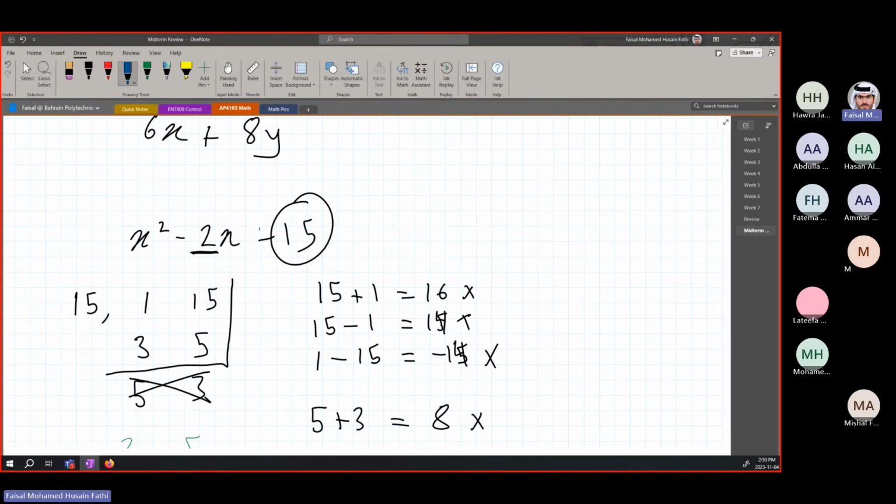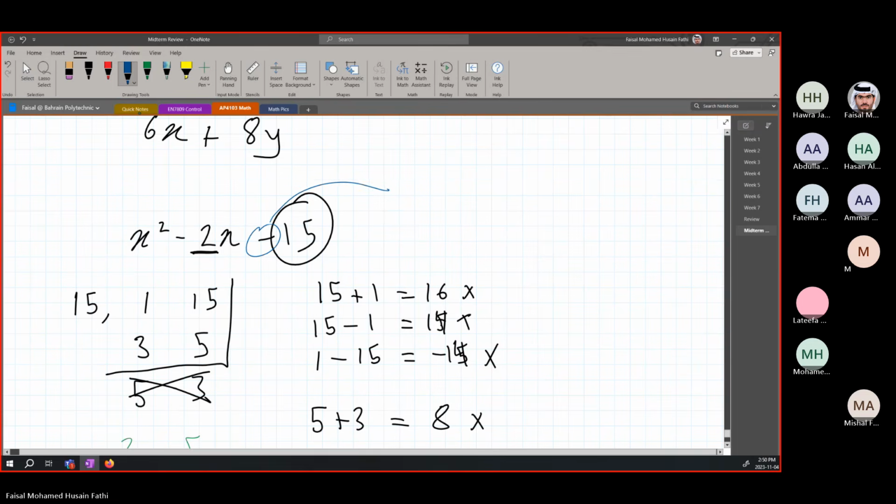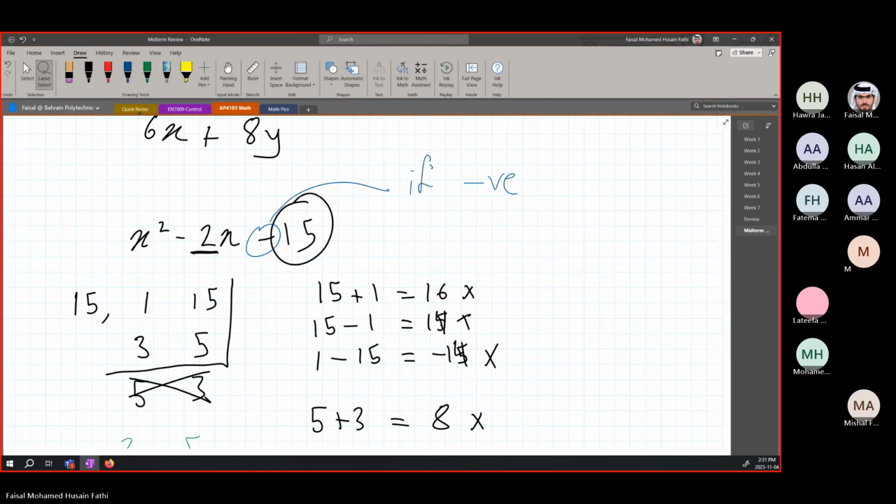Just to clarify, this sign over here, if it's minus, one has to be negative. Meaning one of the numbers, one of the factors, has to be negative.